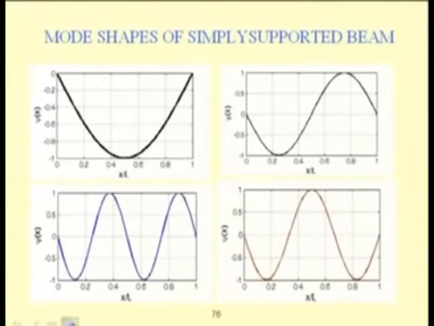And the mode shapes, for example in case of simply supported, the shape will be like this. It may move upward or downward. This is shown downward, but one can have the upward motion also. Similarly, in this case one can have another motion also.